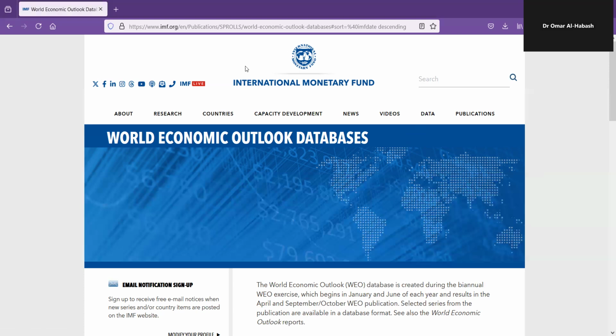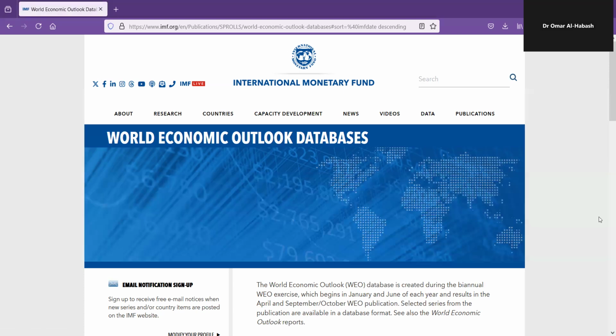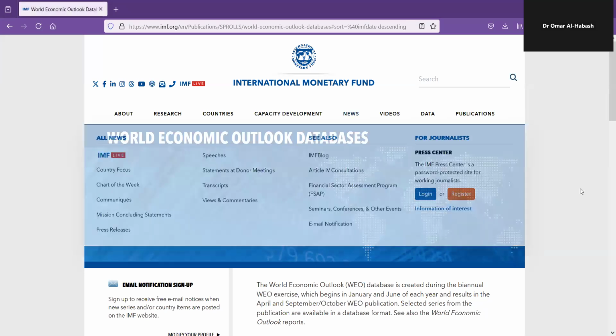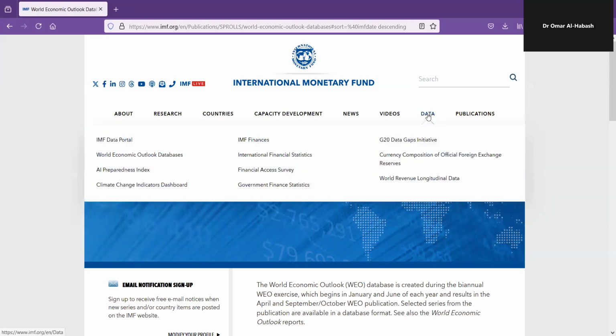Okay, let's start. All you need to do is access the International Monetary Fund website. You could Google it, IMF, and then you go to data.